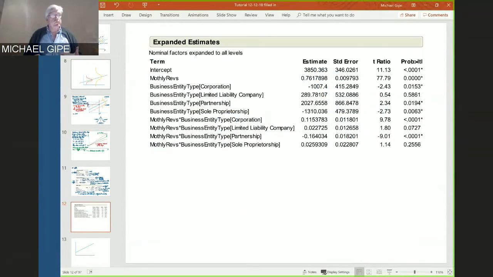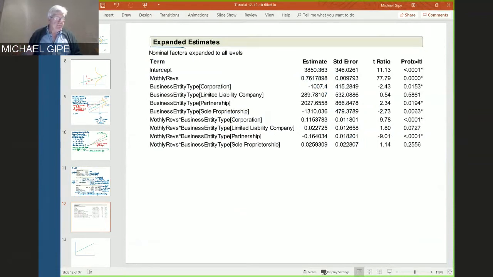There's an X variable for limited liability company. There's an X variable for a partnership and an X variable for sole proprietorship. And so it pulls out all the individual values of a categorical variable and splits them into separate terms. And that's why we call this table expanded estimates. It's taken each of the categoricals and expanded it out to show us the effect of each individual level.